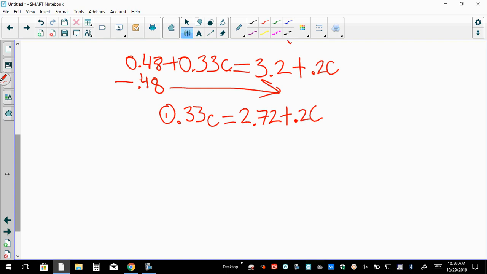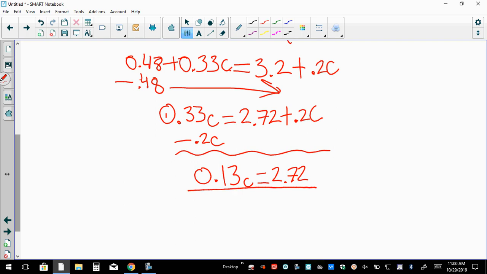So that equals this, and now we're just left with, I didn't write that down, I just did it. Then you would minus 0.2C, which equals 0.13C equal to 2.72. You're going to divide the whole thing by 0.13 to get rid of it.